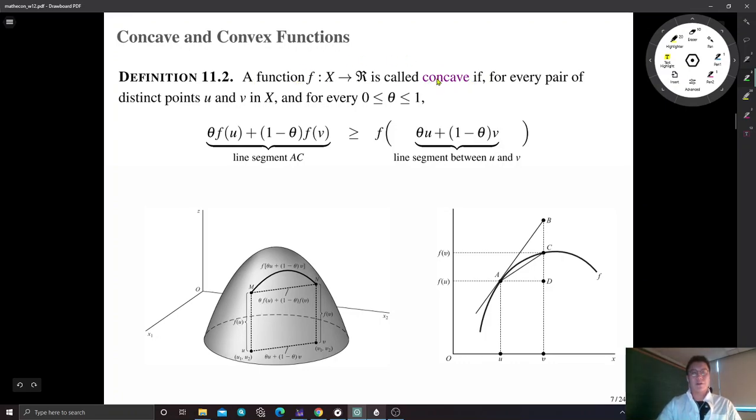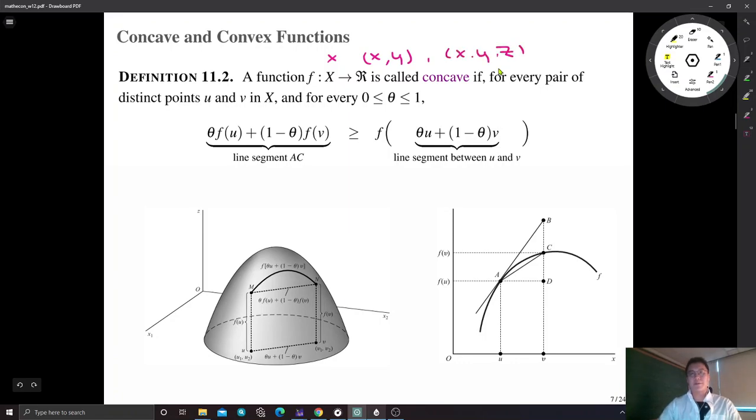So in general, function f is said to be concave. The function f is defined on a domain X, and we do not impose any restrictions on this X. It can be anything. It can be just a single variable, just x, or it may have a pair of elements, say x and y, or a triple of elements x, y, z.